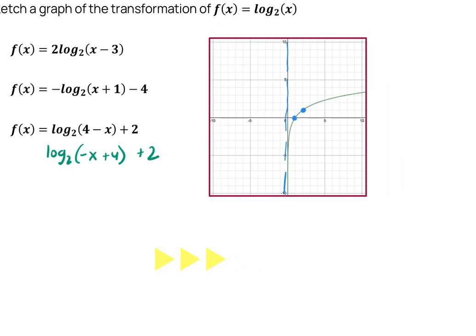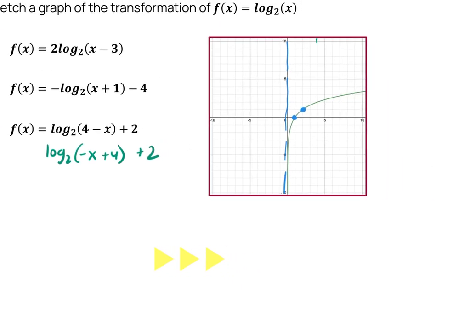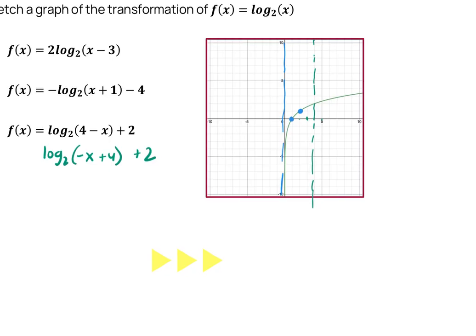Either way, now my vertical asymptote is at 4. So shift it to the right, 1, 2, 3, 4, point it left. And the first thing I have is this. And then up 2.